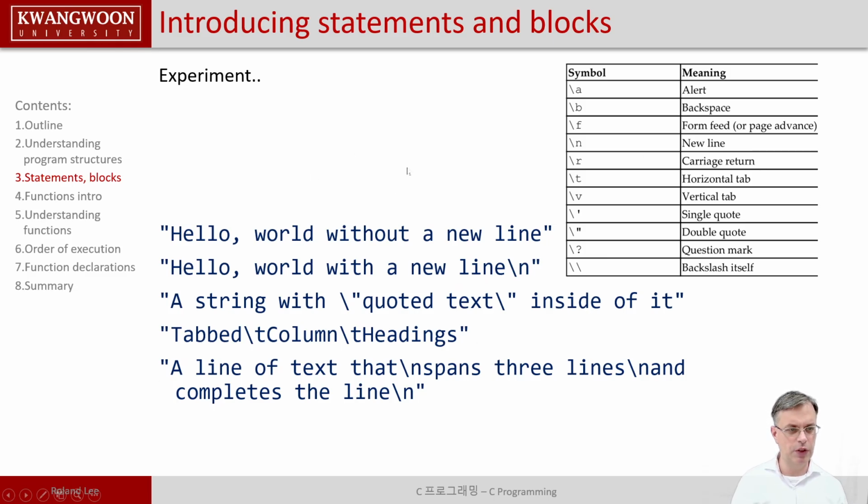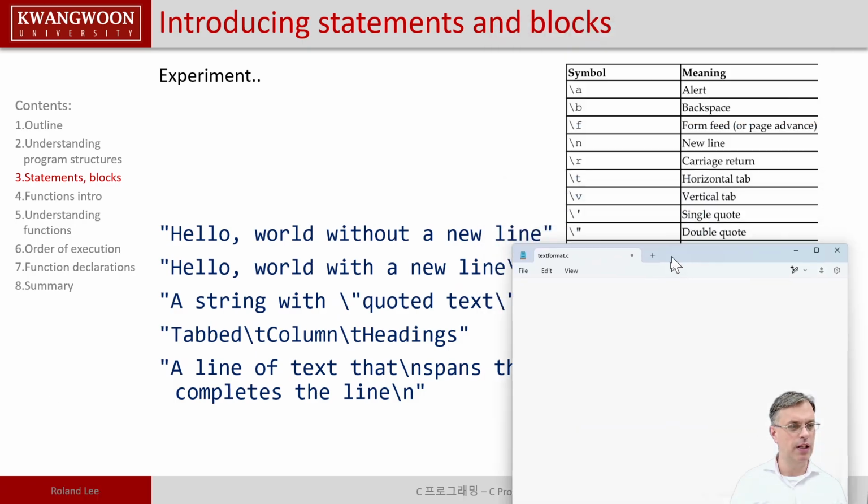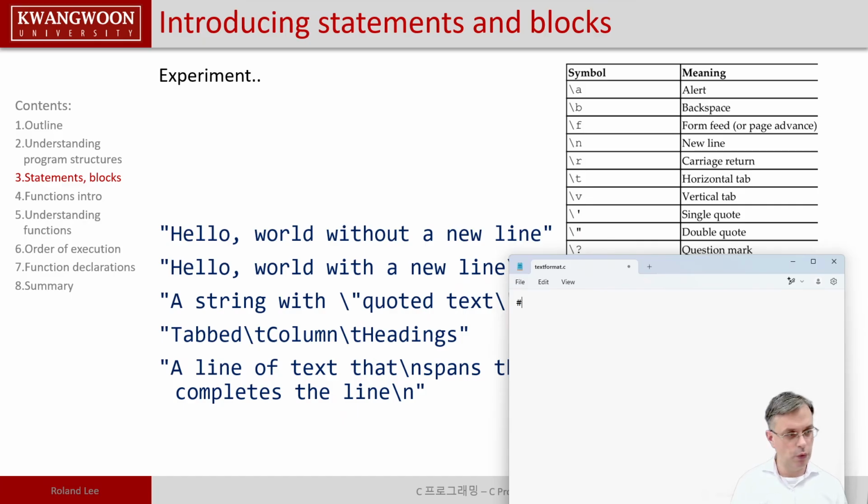Now let's try to use this text in our file. Let's create that anew. Include stdio.h. Then the next one is int main, and printf "hello world" without a new line.